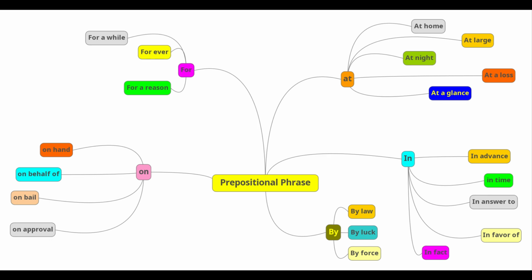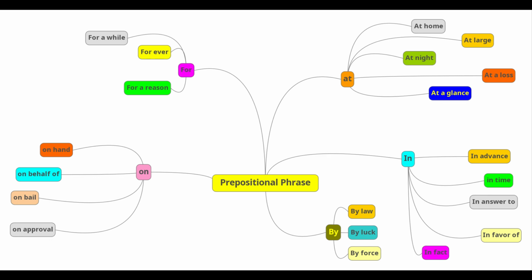You can also take on preposition: on hand, on behalf of, on bail, on approval. I can give some more examples for preposition for: for a while, forever, for a reason. You can easily remember such phrases.